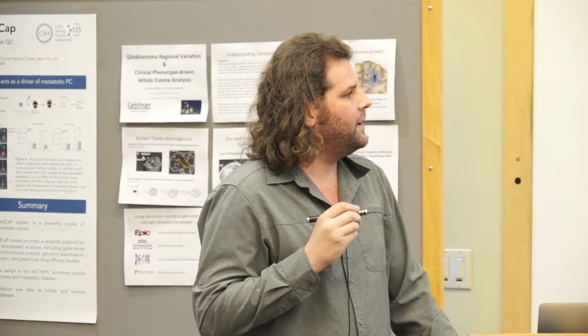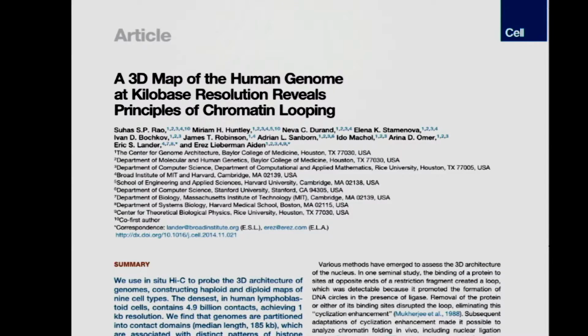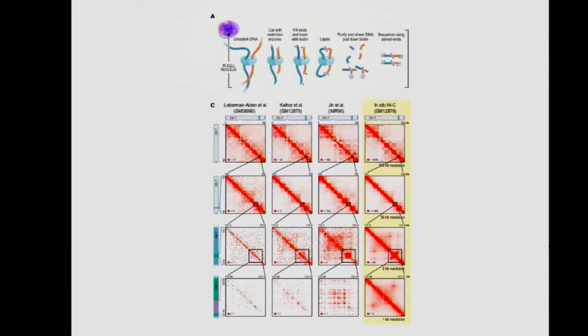And here they have single data sets with 4.9 billion mapped reads, so actual measured contacts in their deepest data set. The other thing that was done is this is where they introduce the in situ Hi-C protocol, where all of the cross-linking, digestion, and ligation is done in the nucleus. And so this improves the resolution, improves the quality of these mappings.